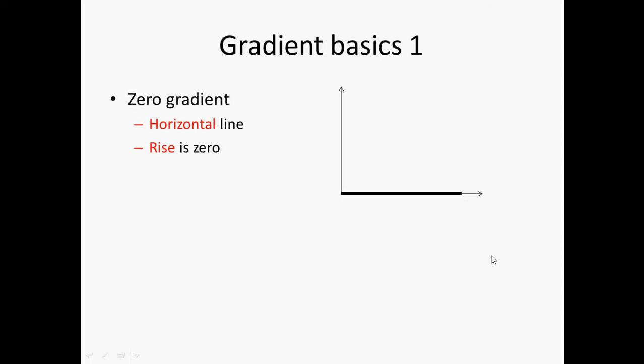The next thing we need to know is, what if it is a flat horizontal line? If it is a flat horizontal line, the gradient is 0, because the rise is 0, and 0 divided by anything gives you 0.